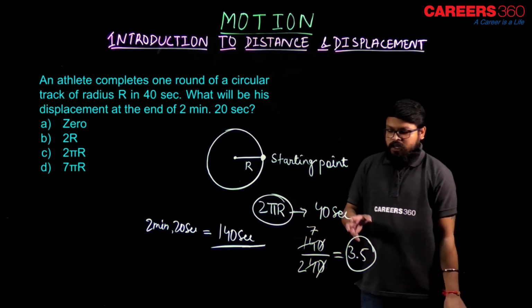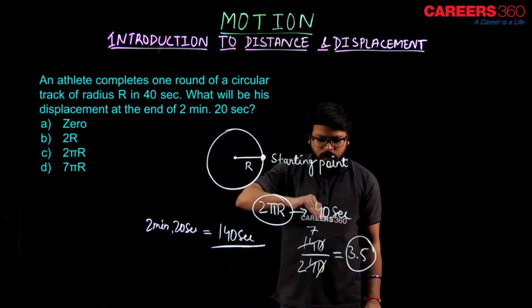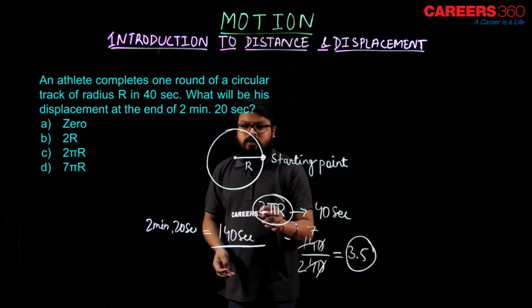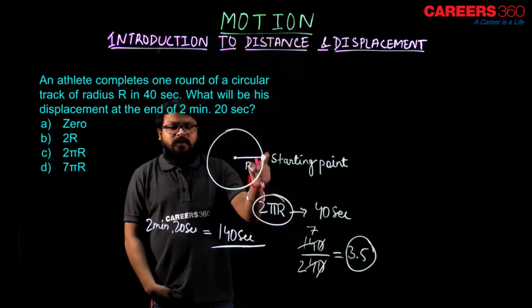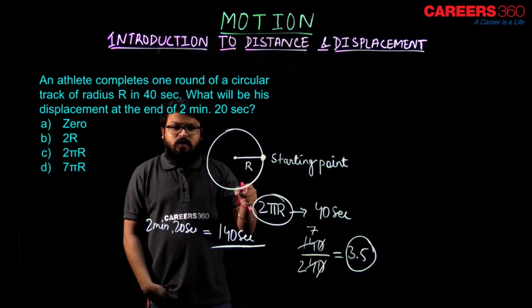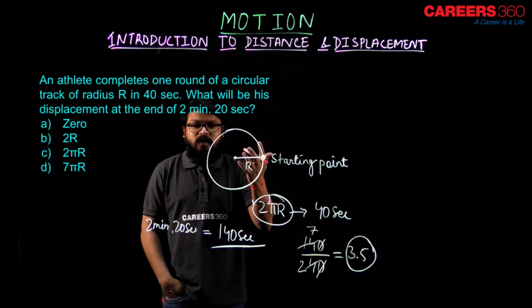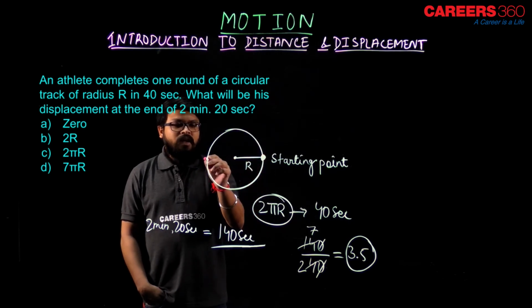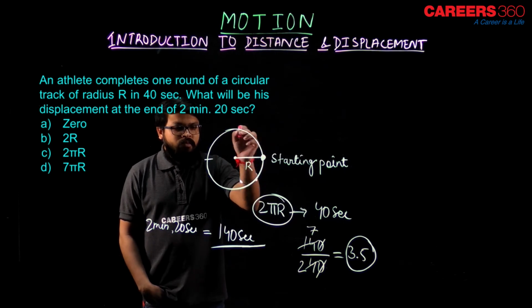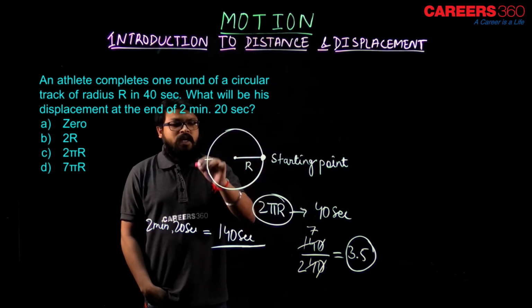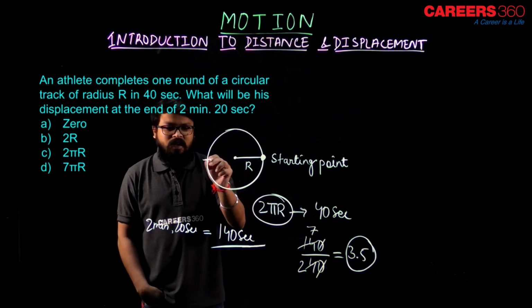It means in 140 seconds he will cover 3 times and 0.5 times. So 0.5 means half. In 40 seconds he covers one circular track, so in 120 seconds he will cover 3 times, and in the last 20 seconds he will only cover half, isn't it? 40 plus 40, 80 plus 40, 120 plus 20, that is 140, right?